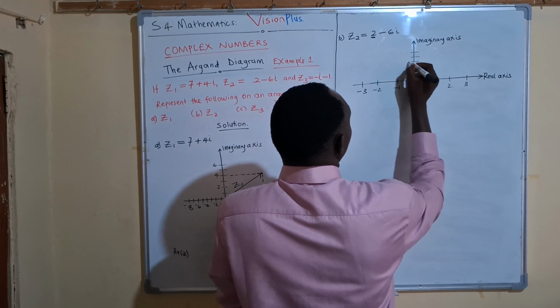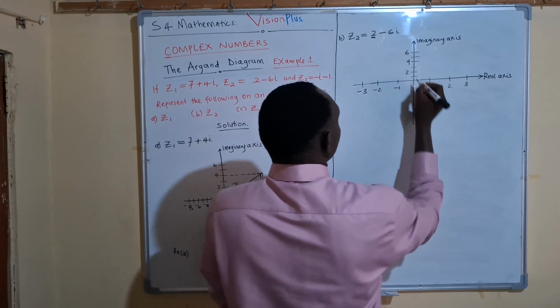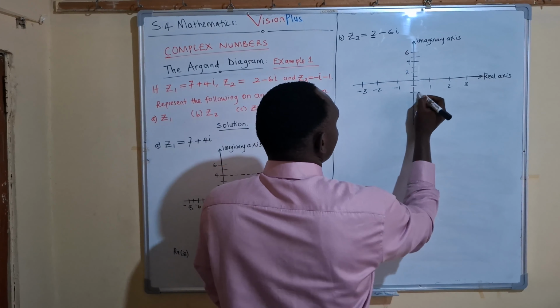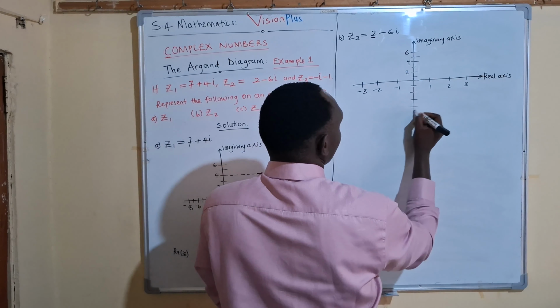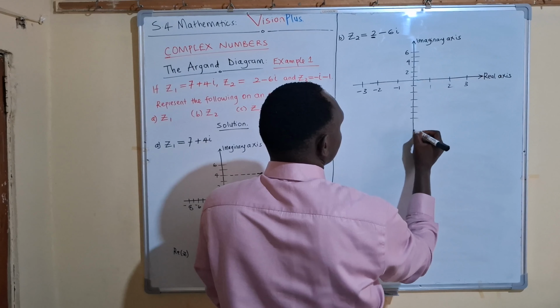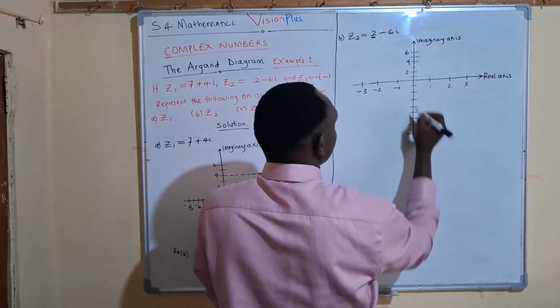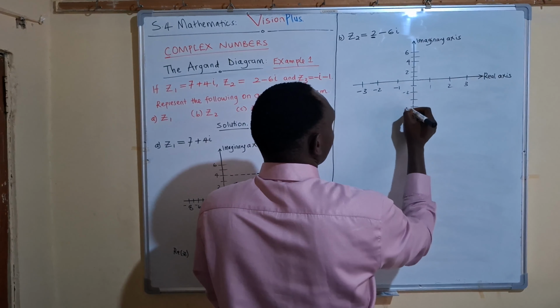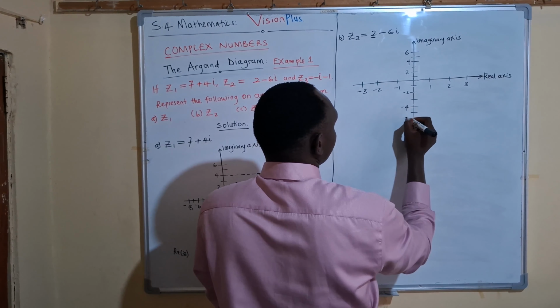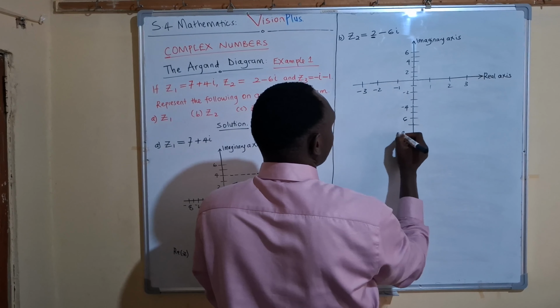Negative 1, negative 2, negative 3, negative 4, up to negative 6, and then negative 8.